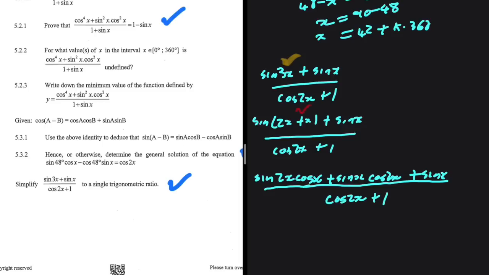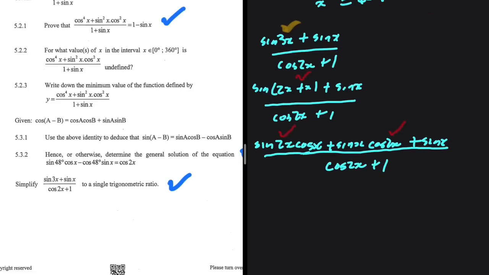Now we're going to further simplify our numerator. Okay, we have sine of 2x, which we can write in another form. The same is true with cos 2x, right? Cos 2x is equal to a couple of things. So we can also change cos of 2x. We're going to change sine of 2x to 2 sine x cos x.